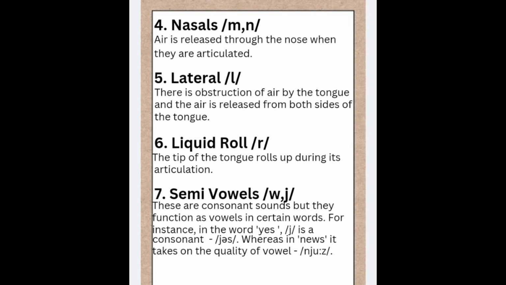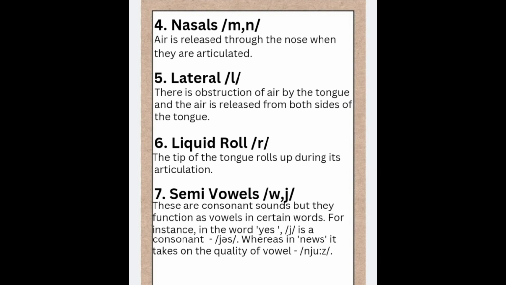We have the nasal sounds, which are m, n and ng. Air is released through the nose when they are articulated. We have the lateral, which is l. There is obstruction of air by the tongue, and the air is released from both sides of the tongue.